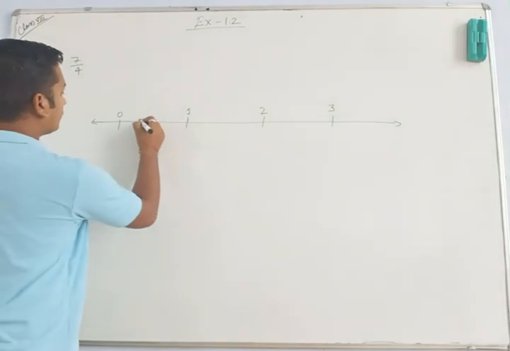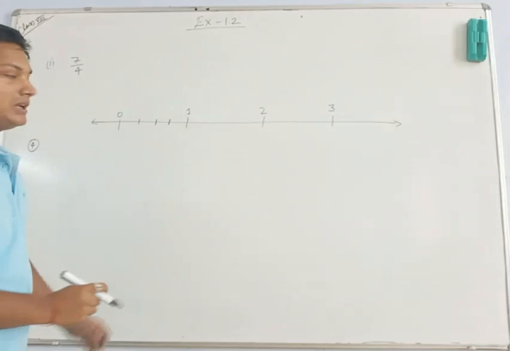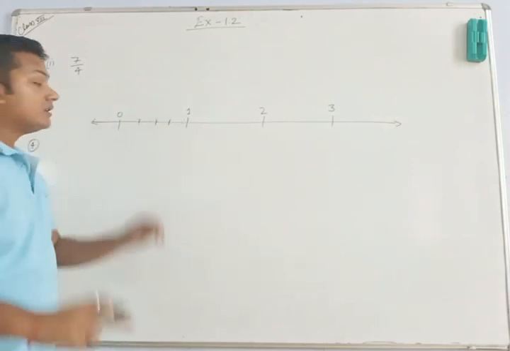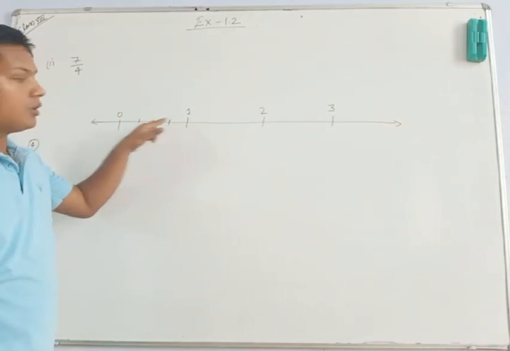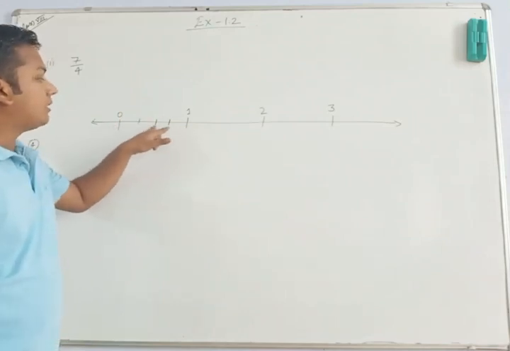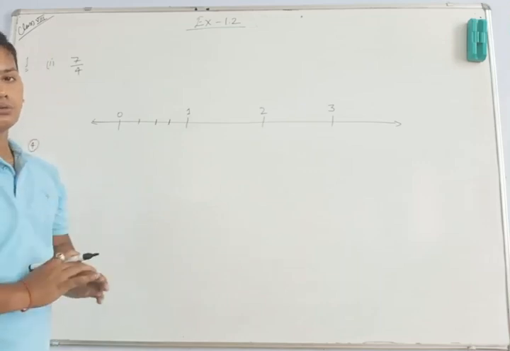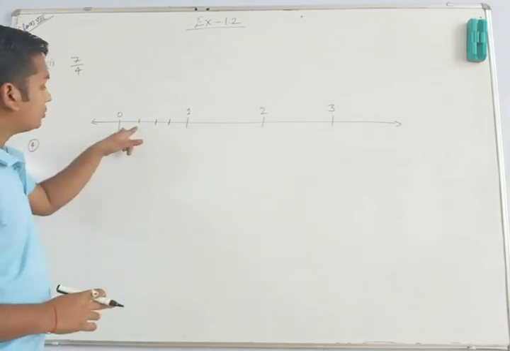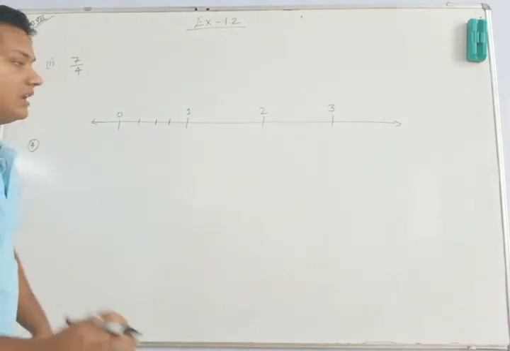To divide it into 4 parts, I have to put 3 lines in between at equal distance. Mind it, these distances should be equal, all these gaps should be equal. Mind it very clearly, otherwise your question will go wrong. Whatever you do, you must put the spaces equally with the help of your scale.